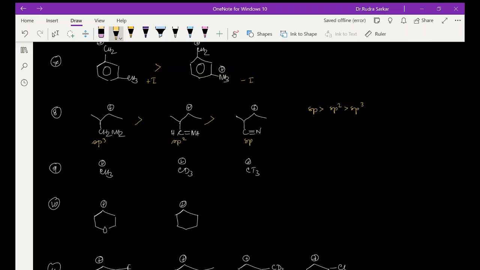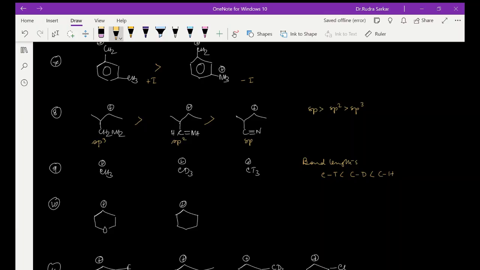Among CH3, CD3 and CT3, if you want to answer this type of problem, we have to consider the bond lengths. And in that we will notice that the CT bond is shorter than the CD bond, which is shorter than the CH bond.